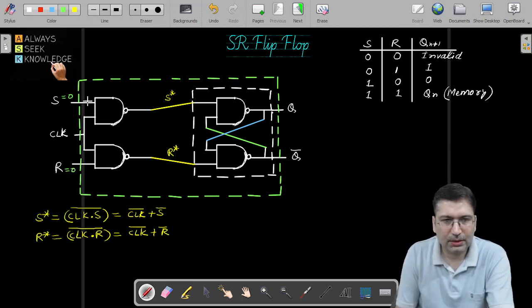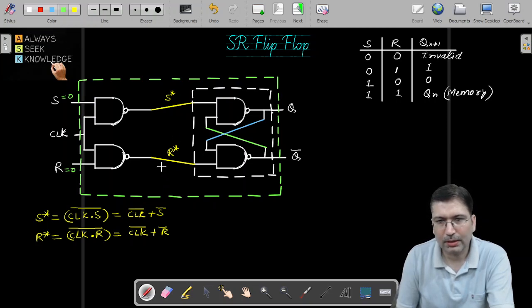When we pass this 0, since the clock is 1, 1 dot 0 will give us 0, and the complement of 0 will give us 1. So here we will get 1, and R equal to 0 will also convert to 1 here.